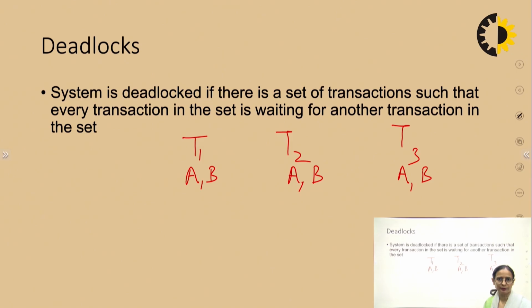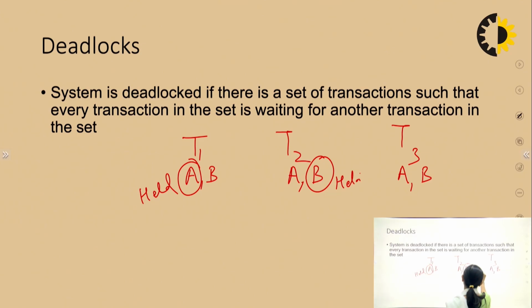Now what will happen if T1 holds this data first and T2 holds this data, and we have applied the two-phase locking protocol?